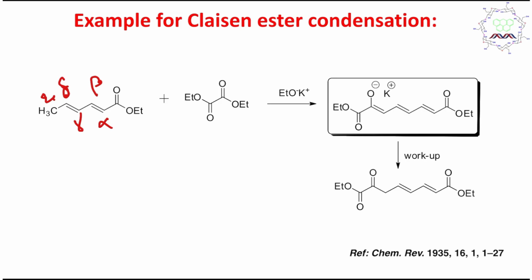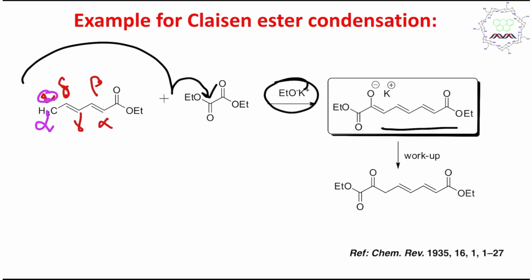What it does, it produces this carbanion, and this carbanion acts as a nucleophile here and it produces this compound. As an intermediate, in the presence of base, initially it produces a conjugated species, you may consider it an enolate. After workup, or more specifically acidic workup, ultimately this is produced.